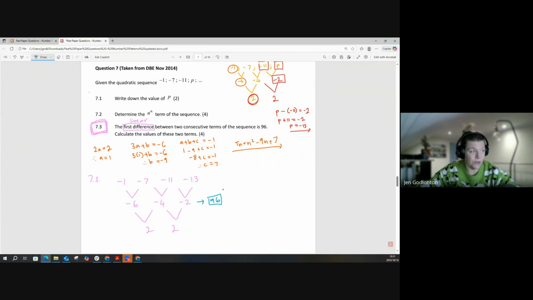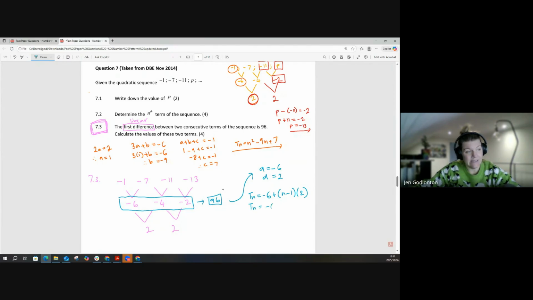Okay, so let's first find the formula for our linear sequence. We know that in our linear sequence, A is equal to -6 and D is equal to 2. So let's put that into our formula. Tn is equal to -6 plus n minus 1 times 2.